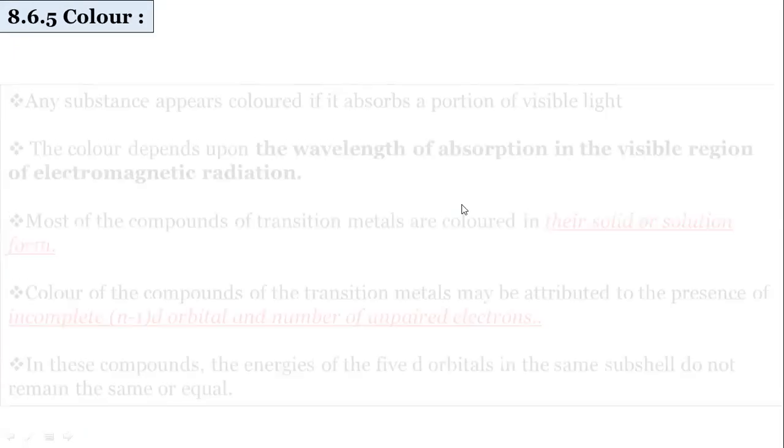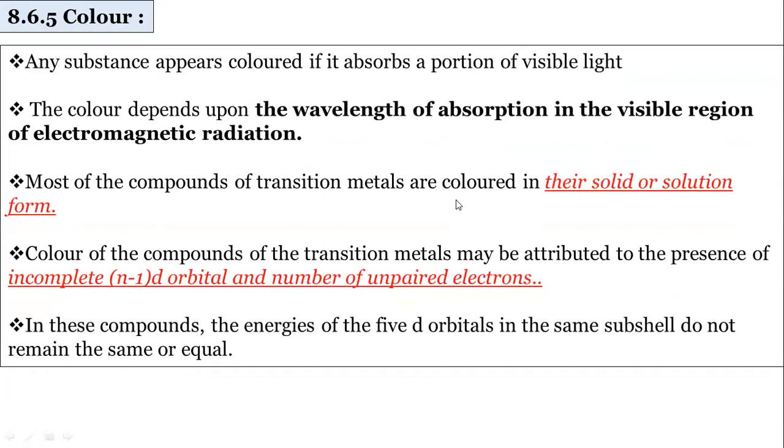Then I am coming to the color. On the color, this is very important for competitive examinations. The d block elements are colored in solid form and in solution form. I will explain the introduction to color, how a substance appears colored.